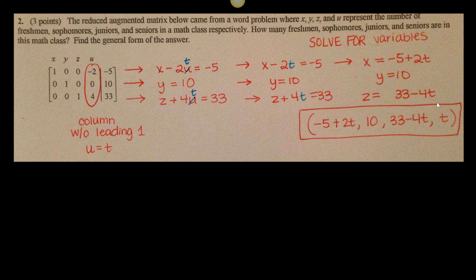First we have x, negative 5 plus 2t, because that's what x is equal to. Then we have y, which is 10. Then 33 minus 4t is our z. And don't forget, you still have to put what u is equal to at the end. U is equal to t, so we just put t there.